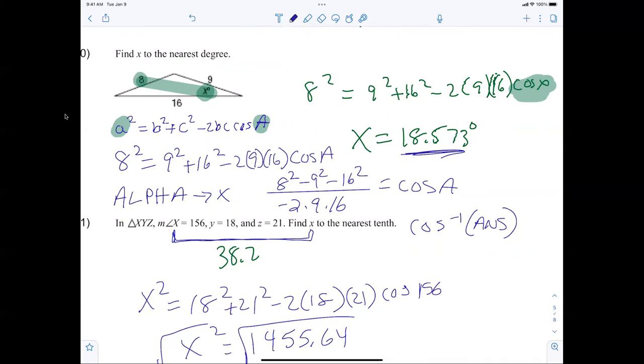It's negative 2 times 9 times 16. If it's in the denominator, if it's in that fraction, you don't have to put parentheses. What was 91 over 36? Yes, now that's good. Now you do inverse cosine of that, and that'll give you the answer.